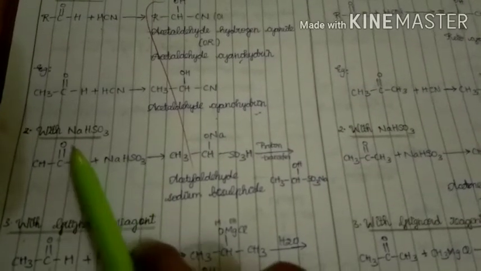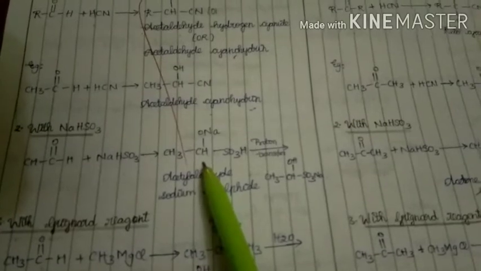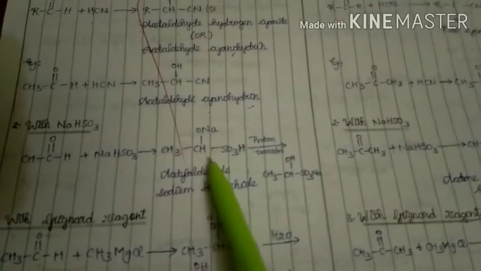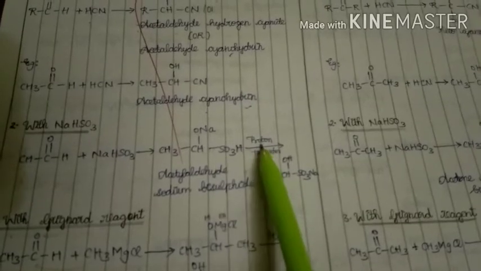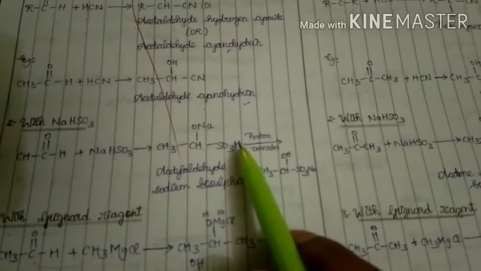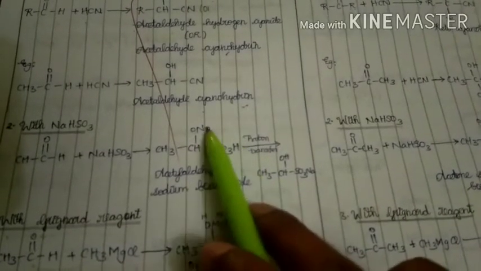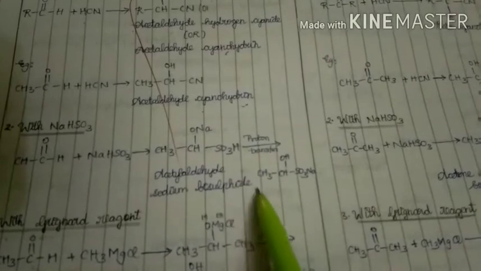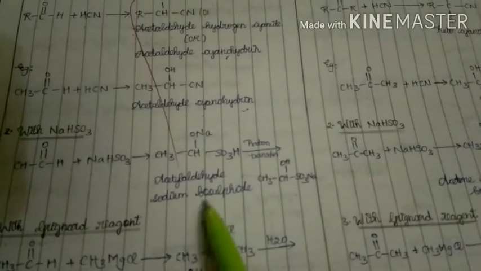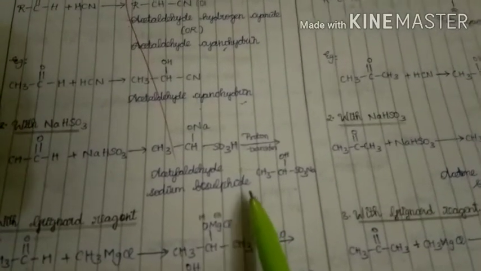So this Na plus comes to oxygen and this SO3H comes to carbon. Finally we get this compound. Here this compound may undergo proton transfer, that means transfer of a proton from here to here. This hydrogen comes to here and this sodium comes to here. Finally we get this compound. This is acetaldehyde sodium bisulfite.